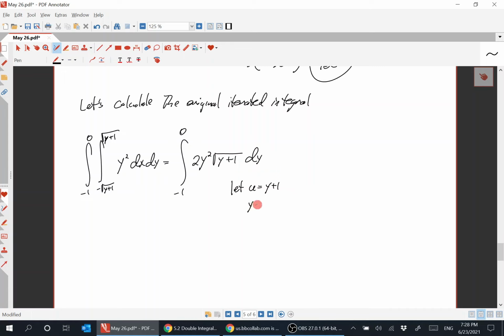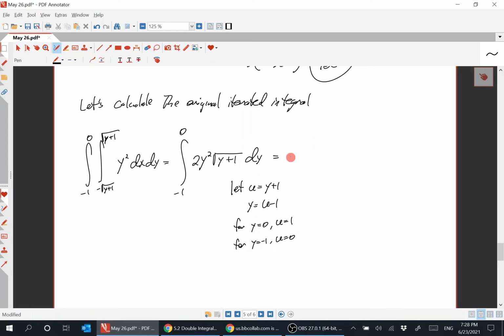So y equals u minus 1. And for y equal to 0, u is equal to 1. And for y equal to minus 1, u is equal to 0.